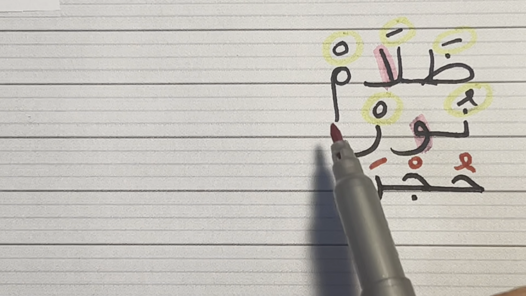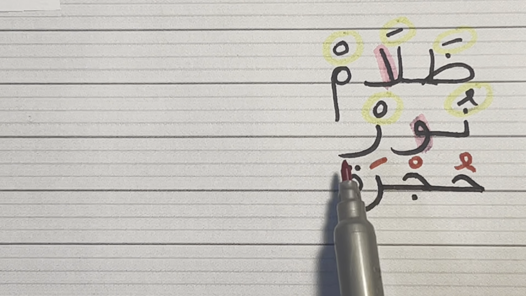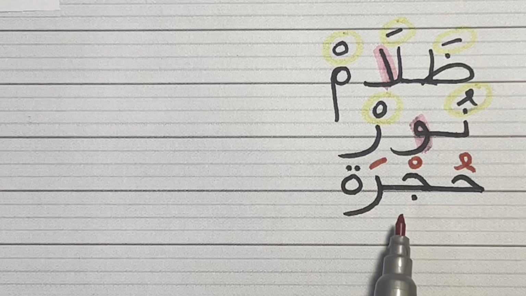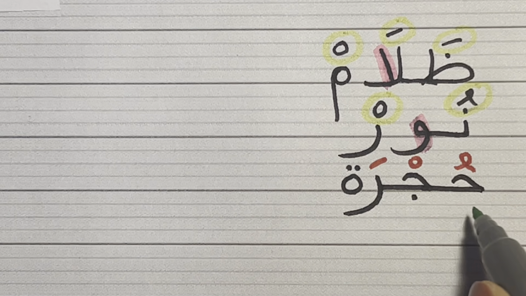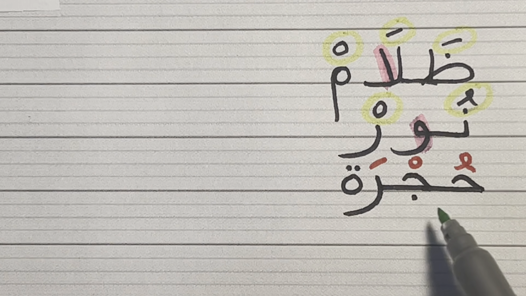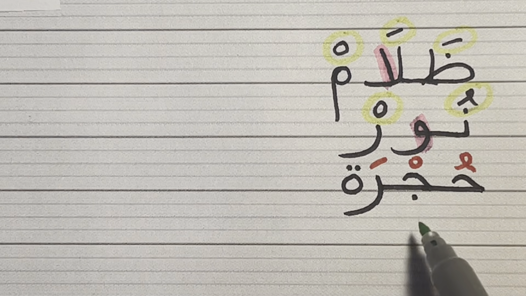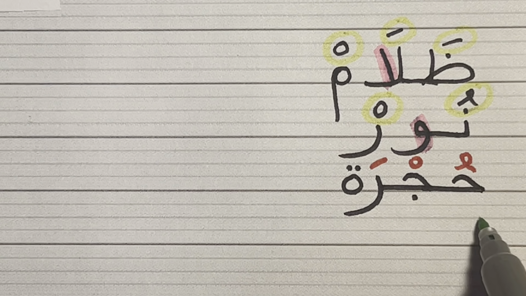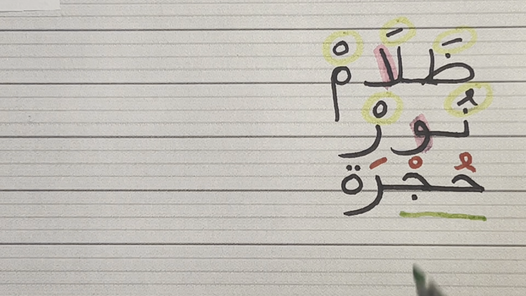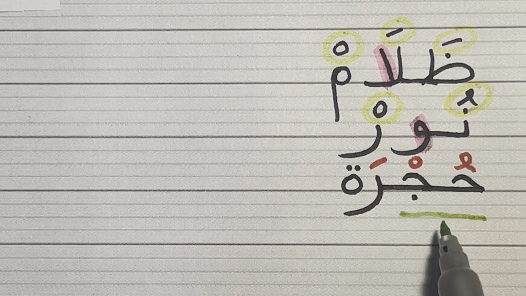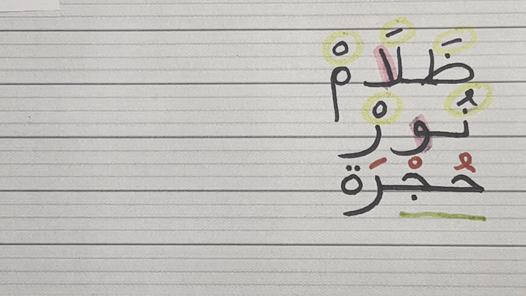So I'm reading the, la, m, and I'm reading nur, and then I have to read حجرة. Over here, I will show you how I can break this down, because I'm not reading it letter by letter. I'm blending 2 sounds together. Basically, I'm bringing the h and the j together, and I'm saying حج.